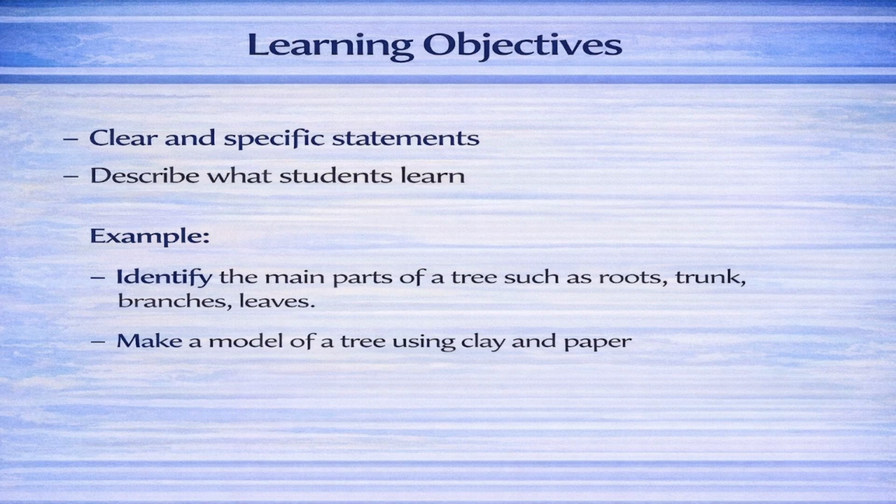Ask yourself, after teaching this lesson, what will my student be able to do? And always share learning objectives with your students at the starting of the lesson. So, an objective is a clear, specific and measurable statement that describes what students will be able to do at the end of the lesson.